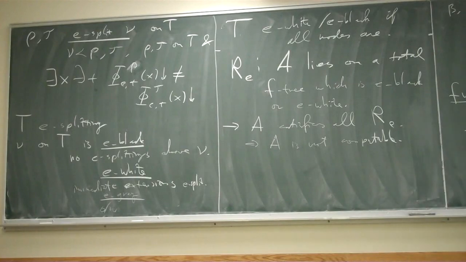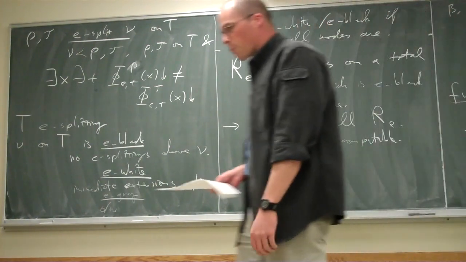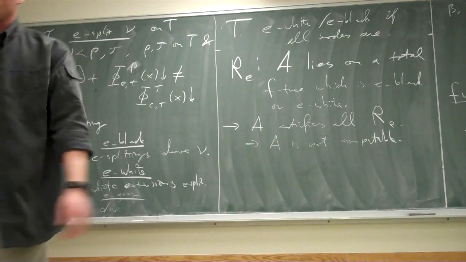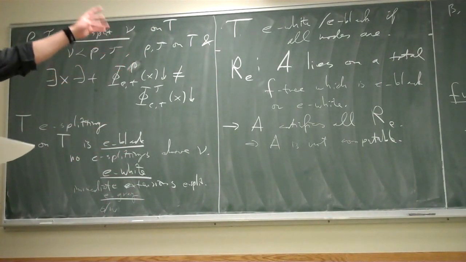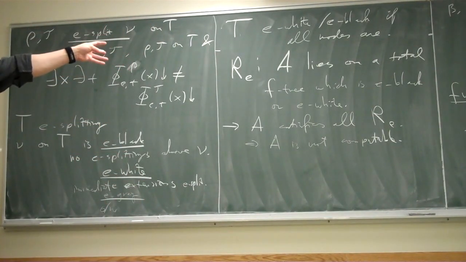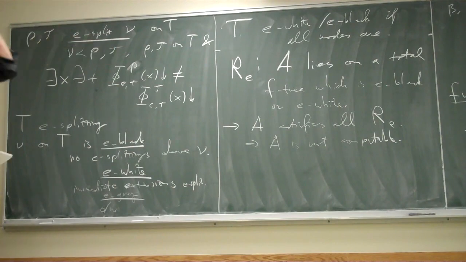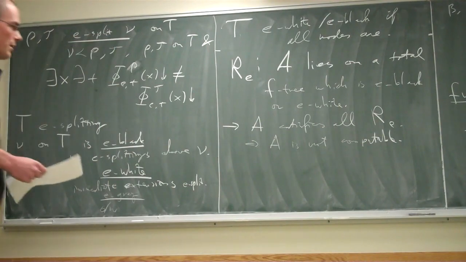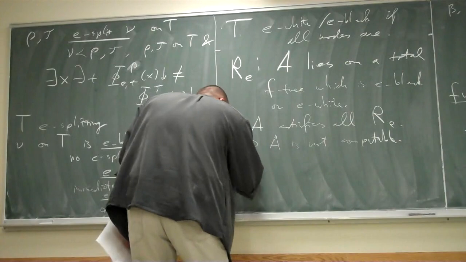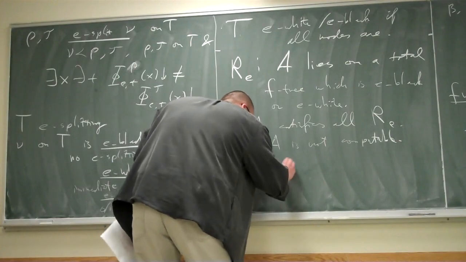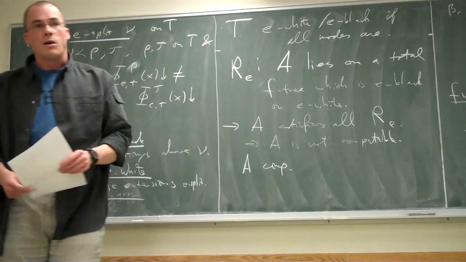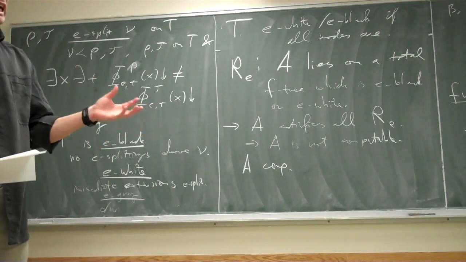A is not computable. And now we need to show that if A were computable, then one of these requirements is contradicted. Right? So assume A is computable, which isn't supposed to happen.